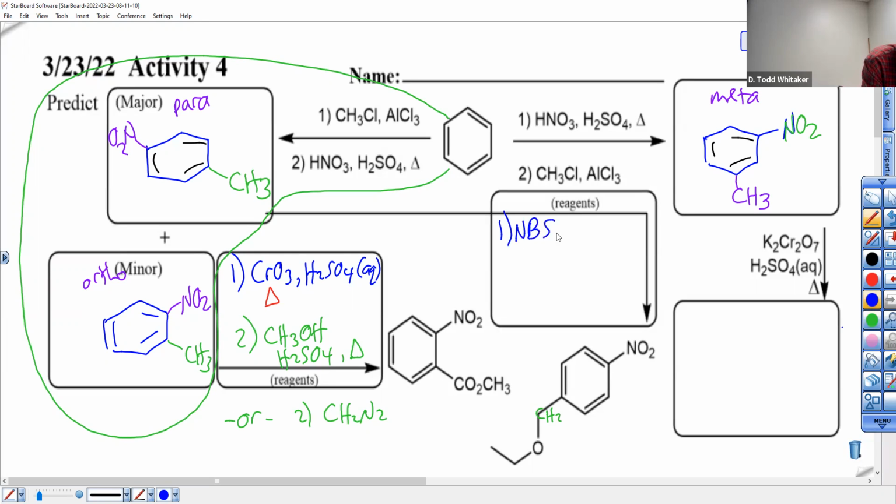NBS and heat, or Br2 and heat, or Cl2 and heat. Any of those will put a halogen on the benzylic position.